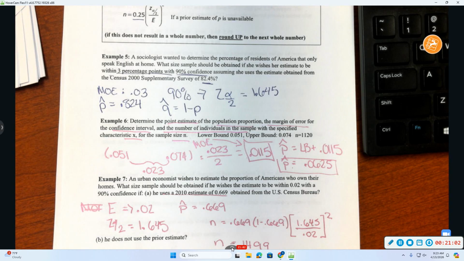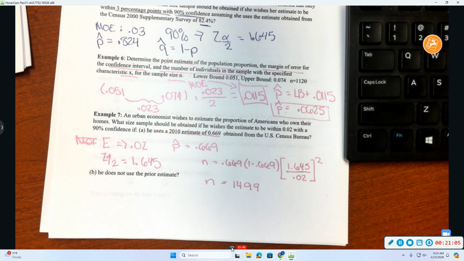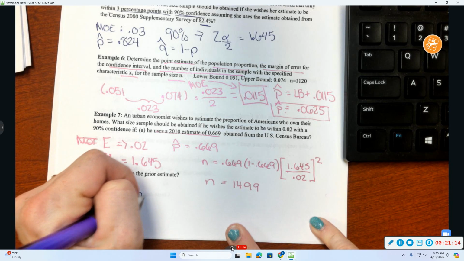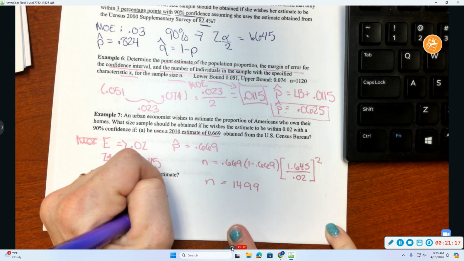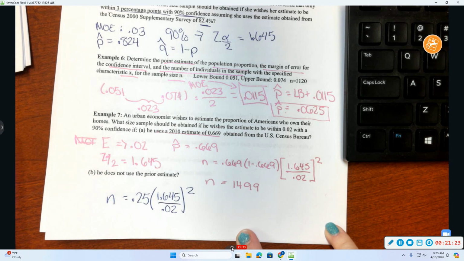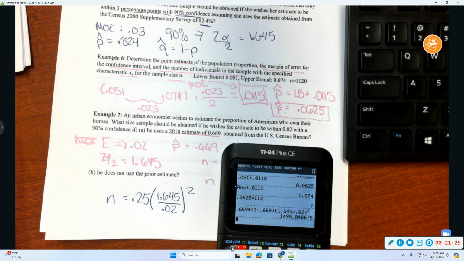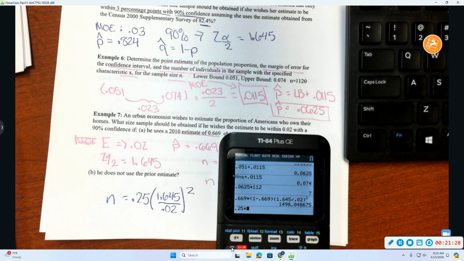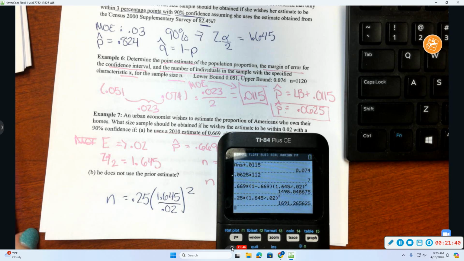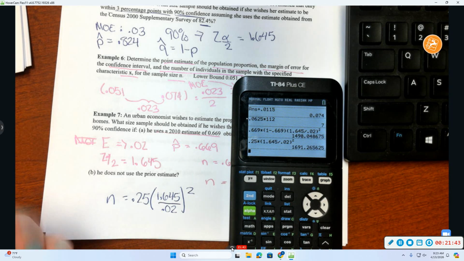Now, they're asking, what if he does not use the prior estimate? The only thing that's going to change is that instead of P hat times Q hat, we're going to use 0.25, which actually gives us a larger value.